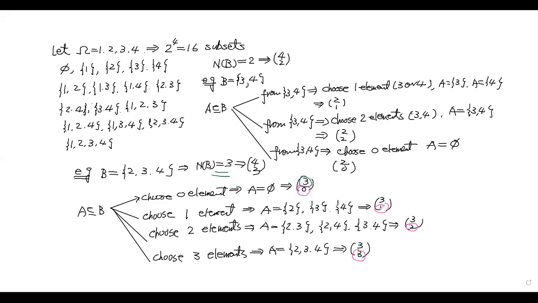So it's from 3 to the 0, 3 to the 1, 3 to the 2, 3 to the 3. When NB is equal to 2, it's 2, 2, 2, and the same thing here: 0, 1, 2.